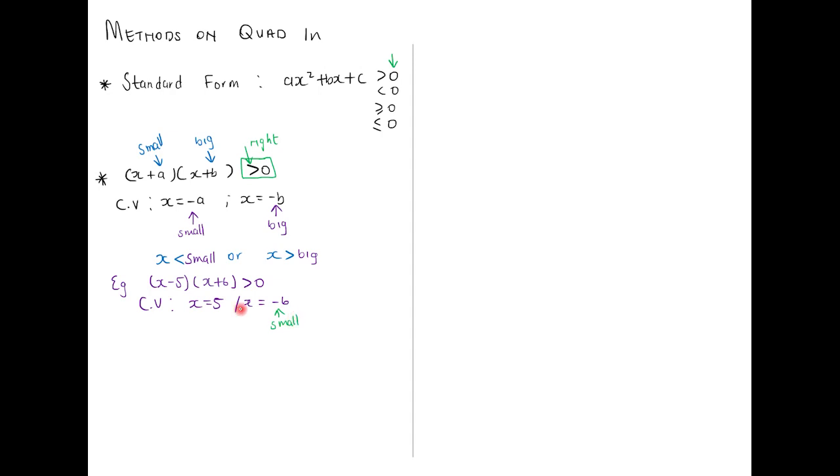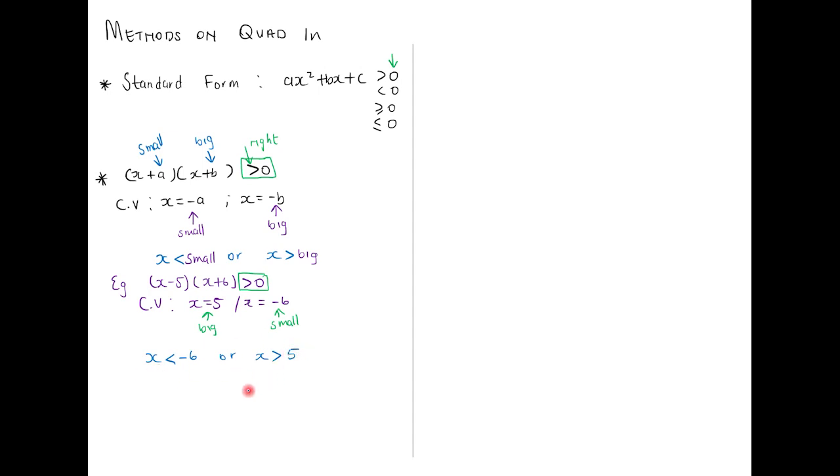The inequality says greater than 0, pointing to the right, so our answer is going to be x is less than or x is greater than, so the inequalities are separated. The one pointing at the left will have the smallest critical value, and the one pointing at the right will have the biggest critical value. So this is going to be your answer.